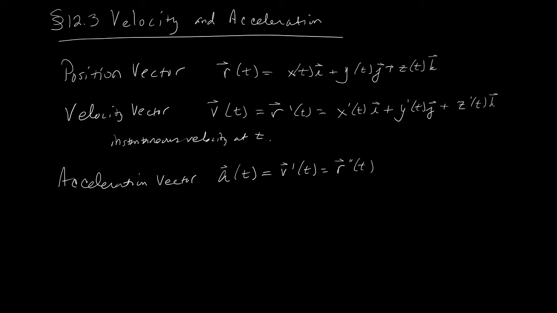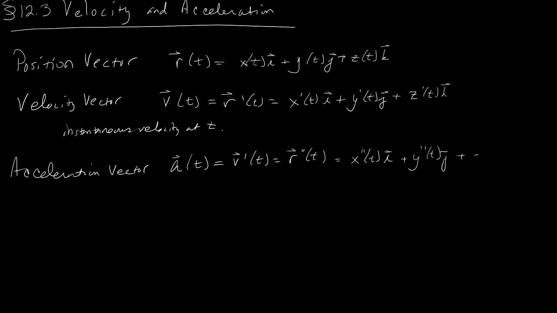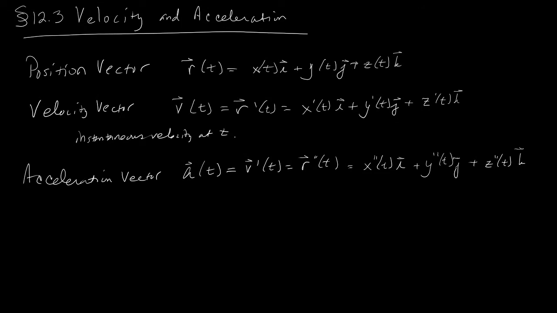And it's equal to the second derivative of each component, x double prime of t in the i direction plus y double prime of t in the j direction plus z double prime of t in the k direction. Oh, and one more thing: if you find the magnitude of the velocity vector at t, you find the speed. So the magnitude of v of t is equal to the speed at any given t.